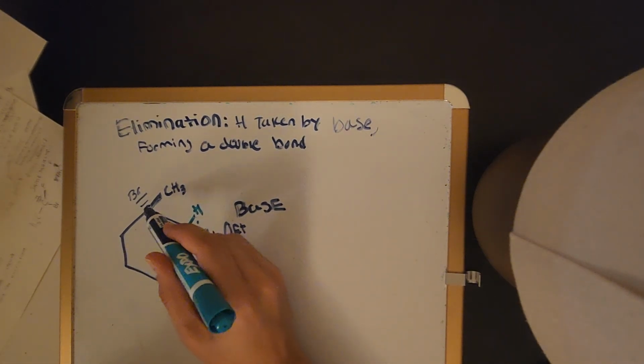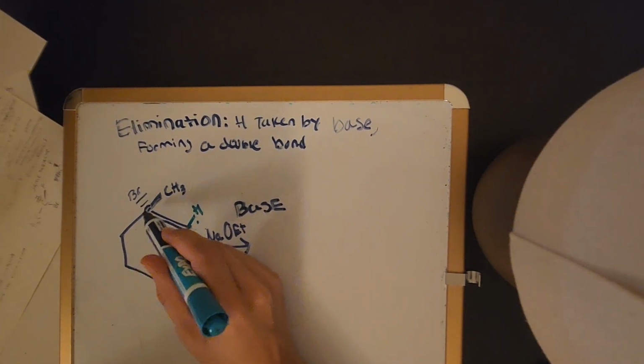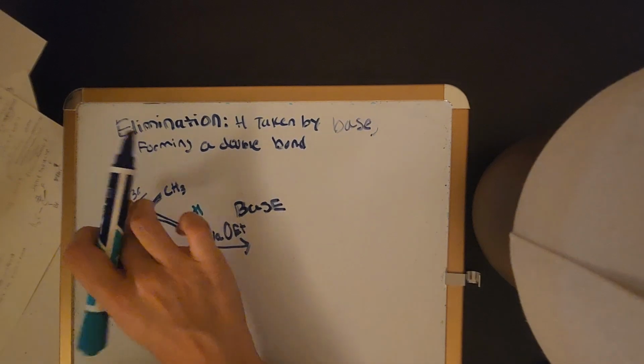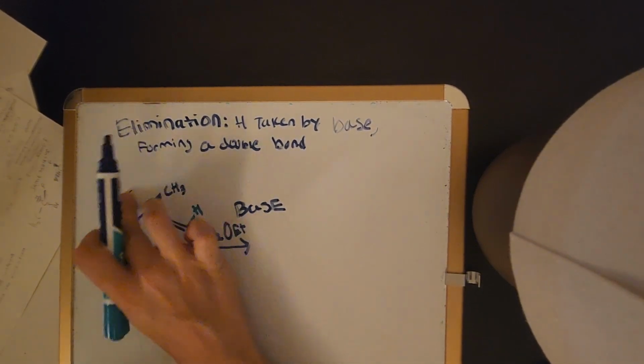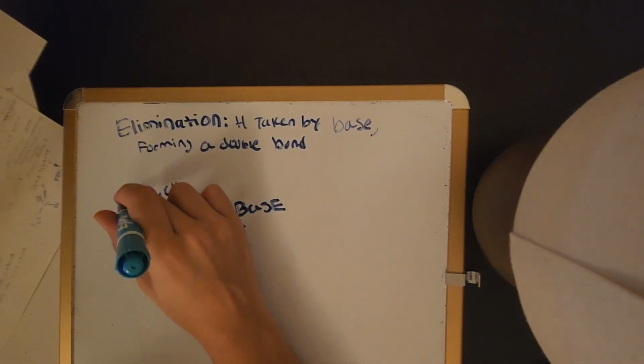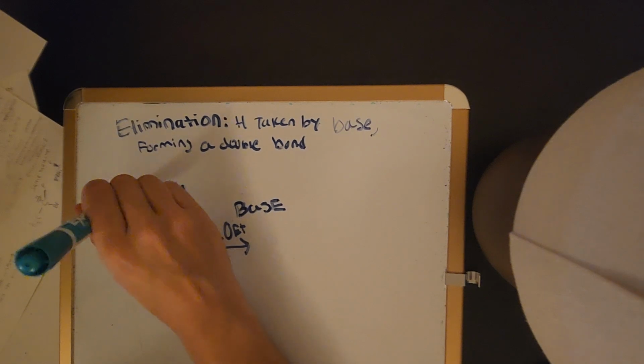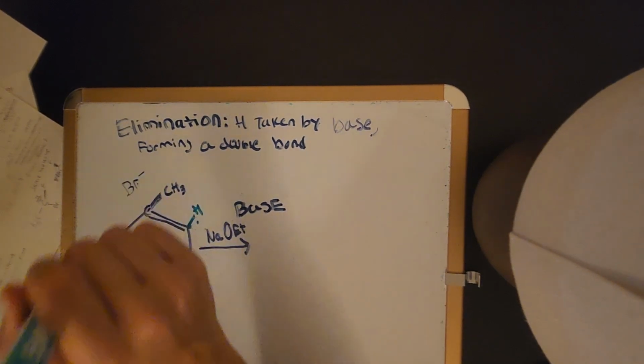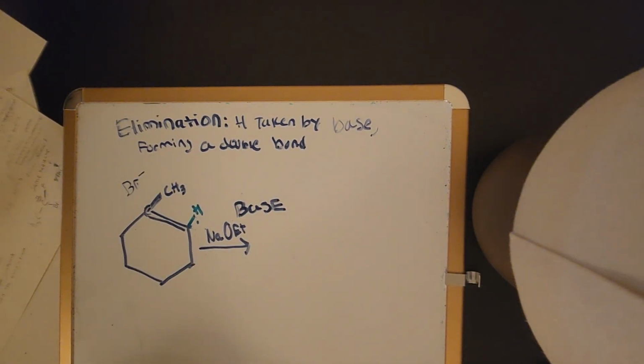Now this carbon can't have 5 bonds, so it's going to let go of this Br. And the Br minus is going to be here. Yeah, that's all.